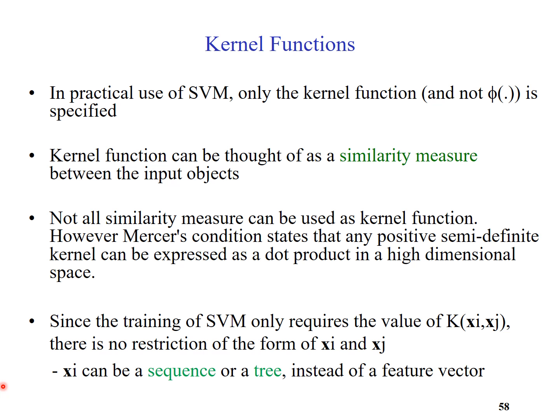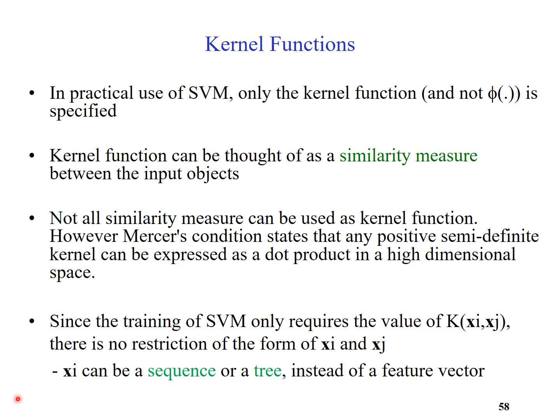And one of the advantages of using SVM is, suppose the data you are handling is tree type, or it can be a graph type, or an image, or sound, or any arbitrary complex data type.